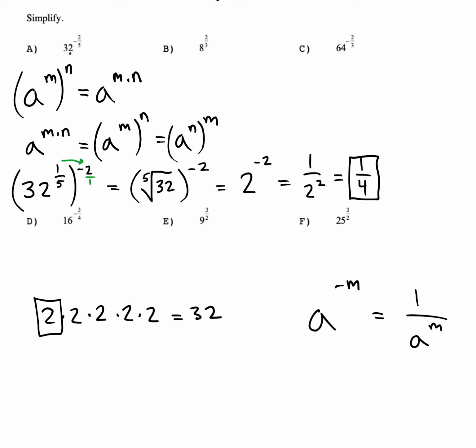Now you can also type this into a calculator to get that same result. In order to do it on a calculator, you'd want to type 32, raise it to a power, and then use parentheses -2 over 5. And that'll also tell you that it's 1/4.